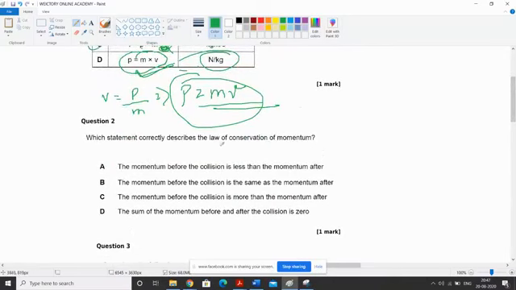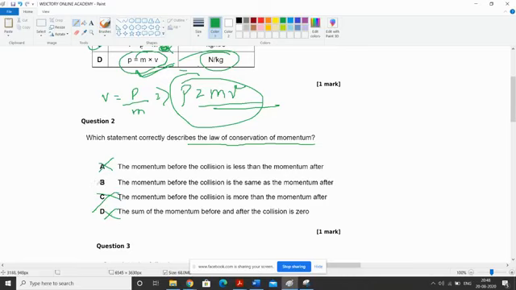Which statement correctly describes the law of conservation of momentum? Law of conservation of momentum is if the force is zero, then momentum before collision equals after collision. The momentum before collision is less, wrong. The momentum before collision is same, this seems right. The sum of the momentum before and after the collision is zero, that's wrong.